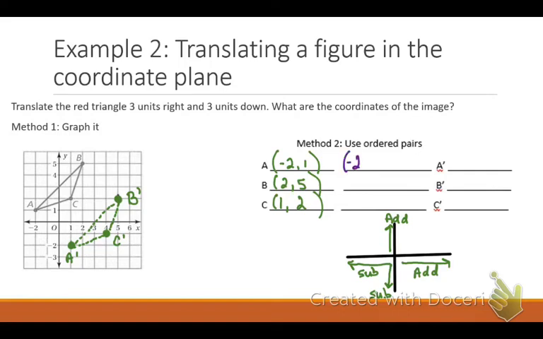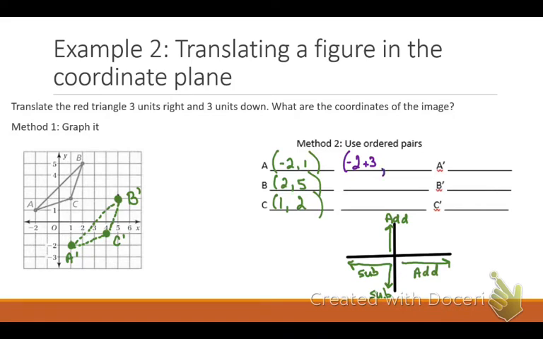That's my original X value. Everybody agree that's my original X value? And it says to move it 3 units right. So if I'm moving it 3 units right, do you think that means to add 3 or subtract 3? Add 3. So that's why we're adding 3 to -2. Okay, so plus 3.